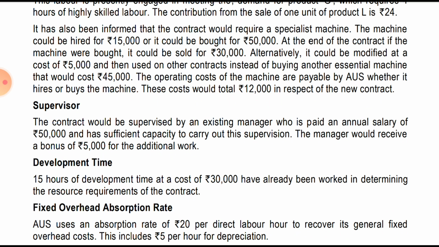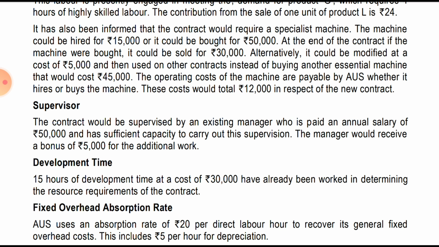Because it is incurred on the new product. Then supervisor: the contract would be supervised by an existing manager who is paid an annual salary of 50,000 and has sufficient capacity to carry out the supervision.